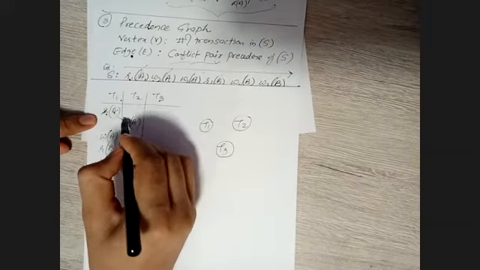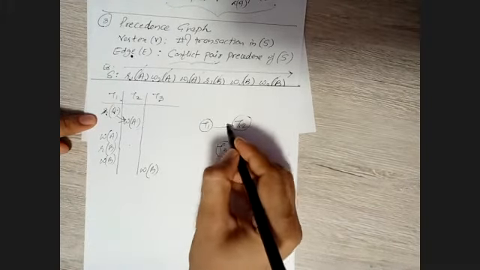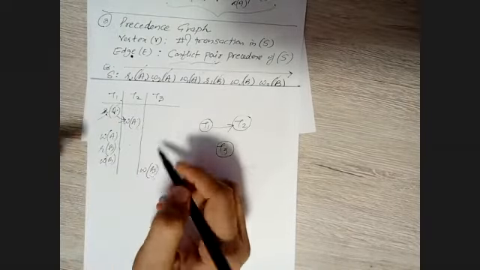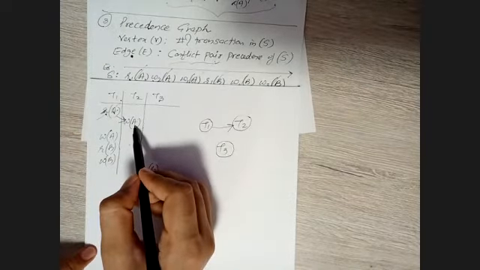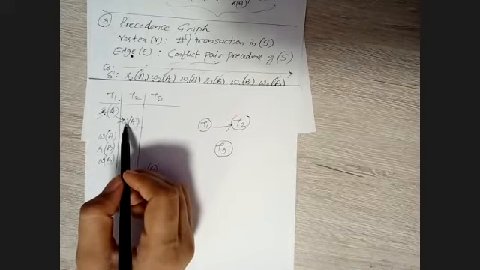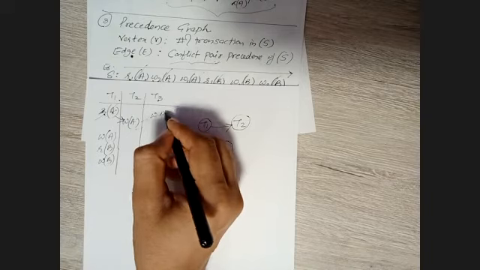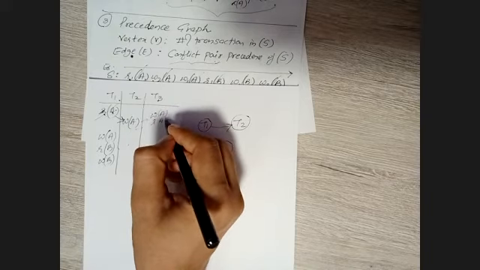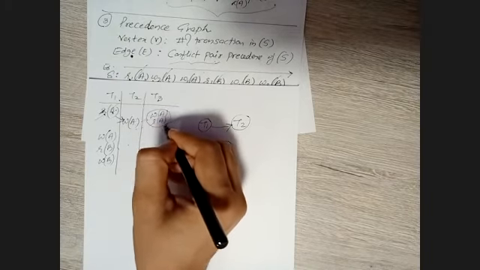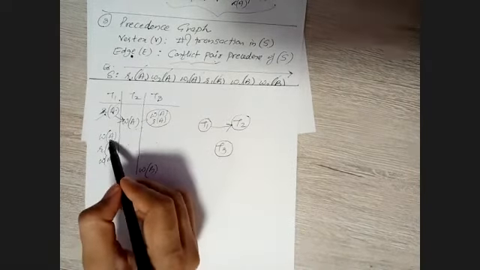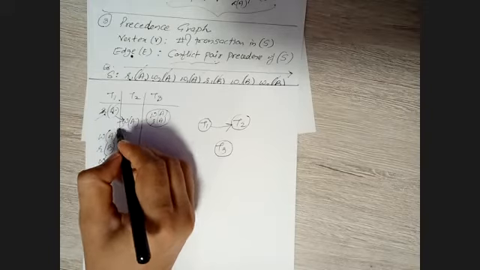That is from T1 to T2. Now cross it because there is no other. Now W of A. What is the conflict pair? The conflict pairs for this are W of A itself and R of A, but from different transactions. So the W of A is here in a different transaction. That is from T2 to T1.